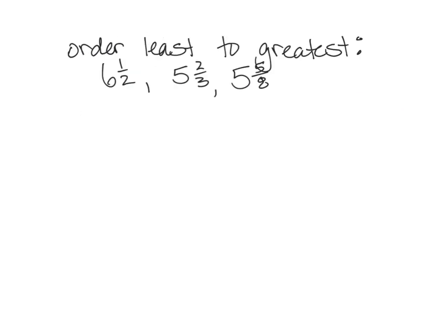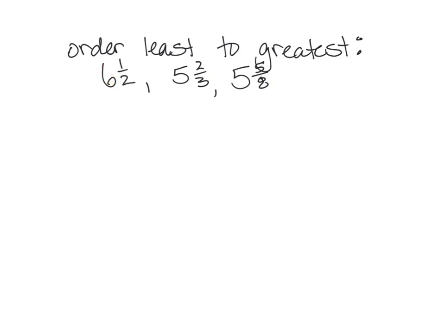Okay, so let's say they're asking us to order these numbers from least to greatest. I have 6 1/2, 5 2/3, and 5 5/8. I'm going to start by asking, which is the largest number? I'm going to look at their whole numbers first. Because remember, the fractions are just the in-betweens of that and the next number.